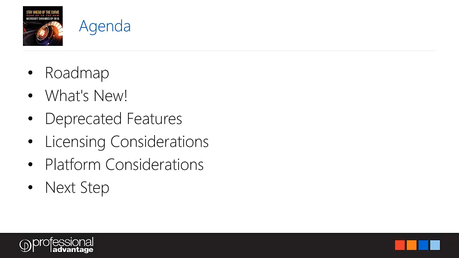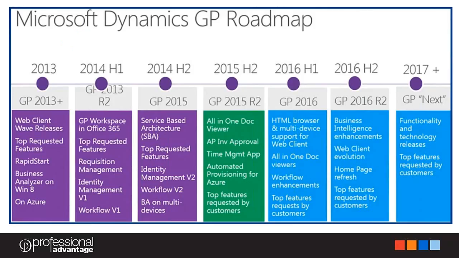What's the next step? On that, I want to start off straight away and have a look at that roadmap for Dynamics GP. Right now we're at the 2016 H1, the third piece from the right there, GP 2016, launched officially in May of this year.